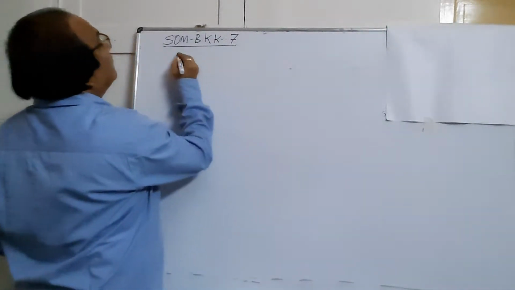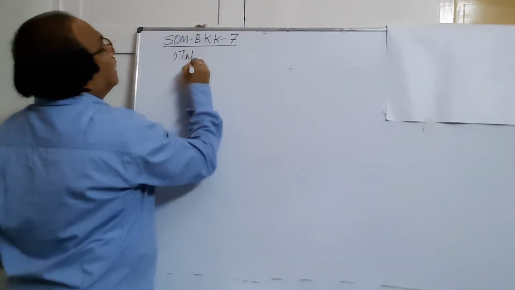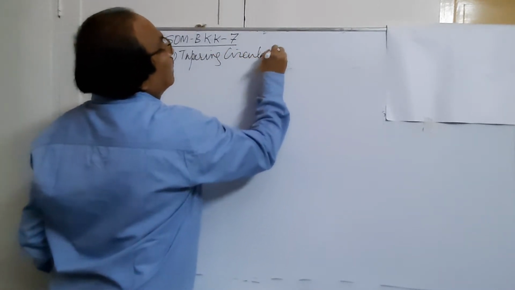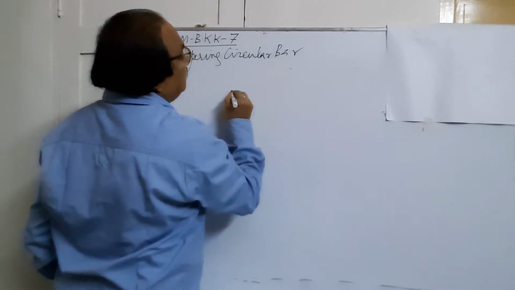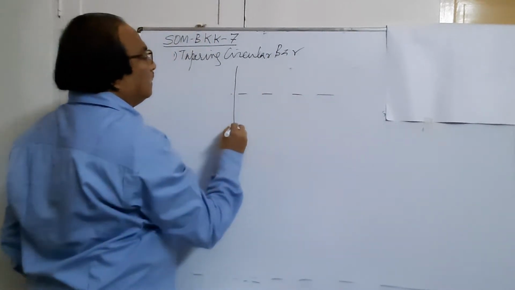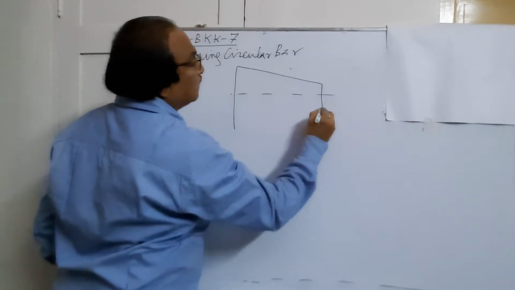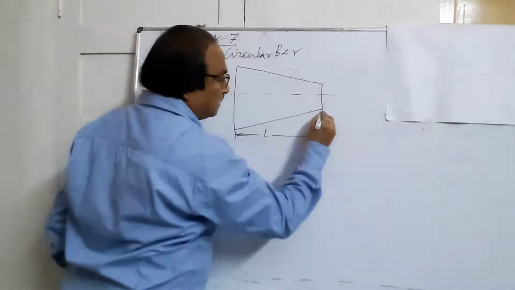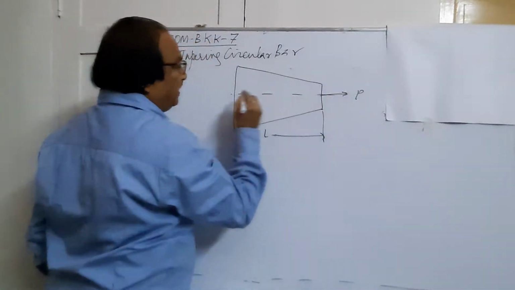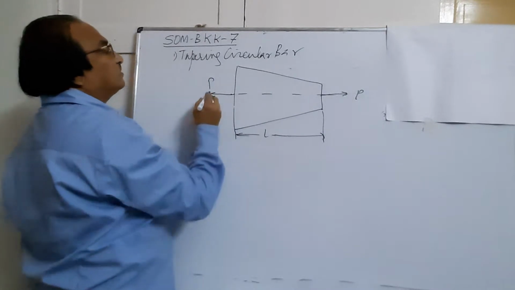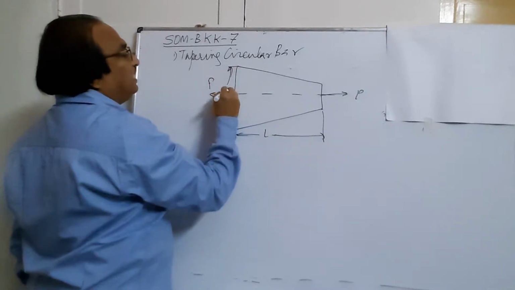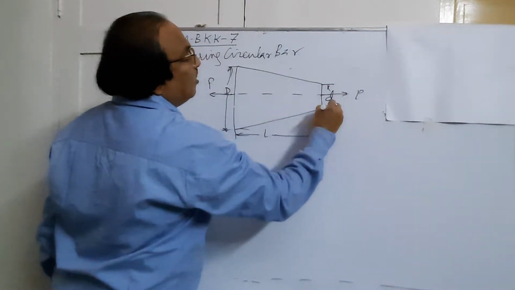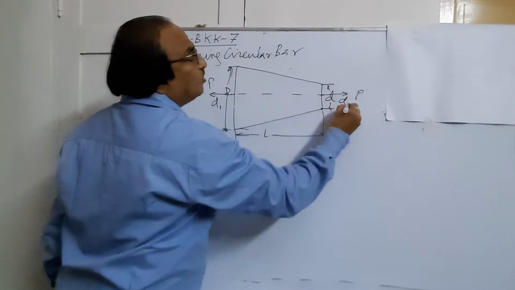So suppose we take a tapering circular bar. If L is the length of the bar, it is subjected to an axial normal force P. It has a diameter of capital D here and a diameter of small d here, or you can call them D1 and D2, any notation you can use.